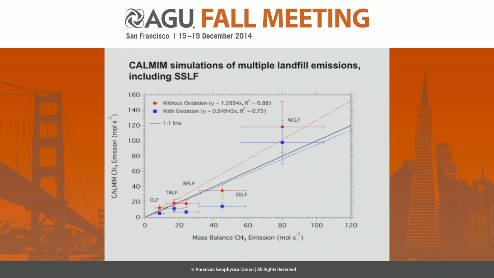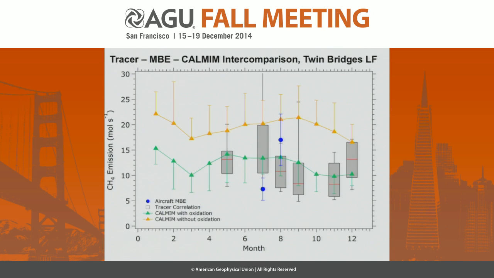It looks like without oxidation in the cover material fits the data better, but the bottom line is that the Southside landfill doesn't particularly stick out as any more scatter around the line than the other sources. So we're reasonably confident in our attribution to that site.